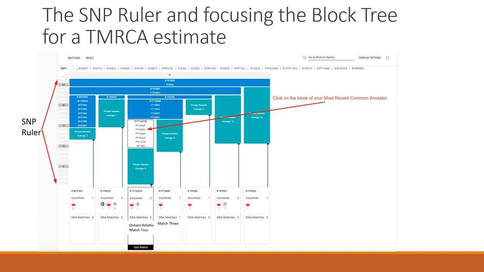If I want to do the time to most recent common ancestor between myself and our distant relative here, that would be the bottom of our terminal SNPs block, FT163295. So we'll click on that block.